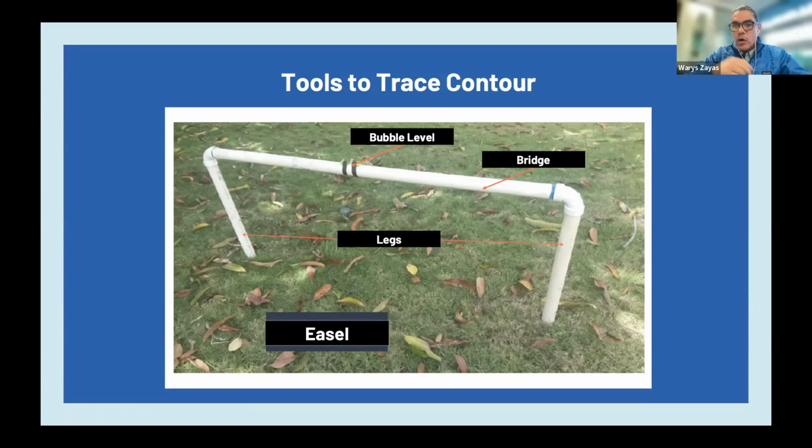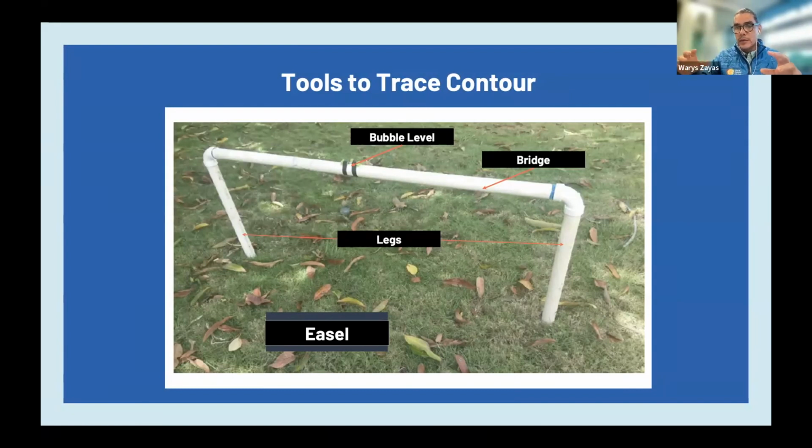Another thing is, if you are using this tool to mark lines for crop rows, in the case that you are planting trees, shrubs, or perennial crops, you can make the length of the bridge the same as the planting distance of each of those trees or shrubs.